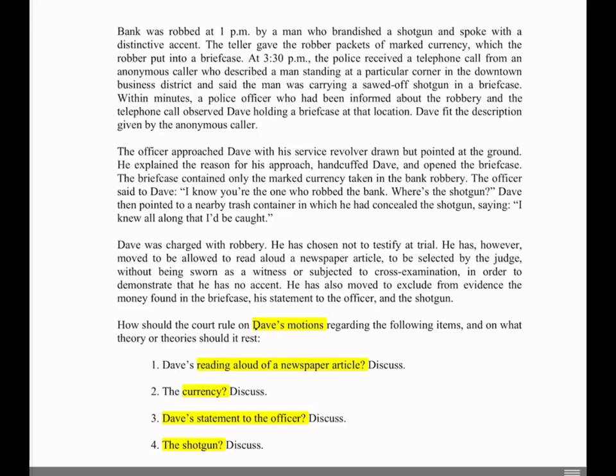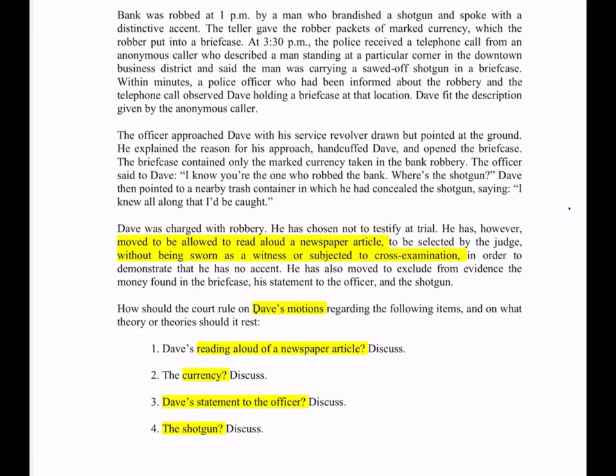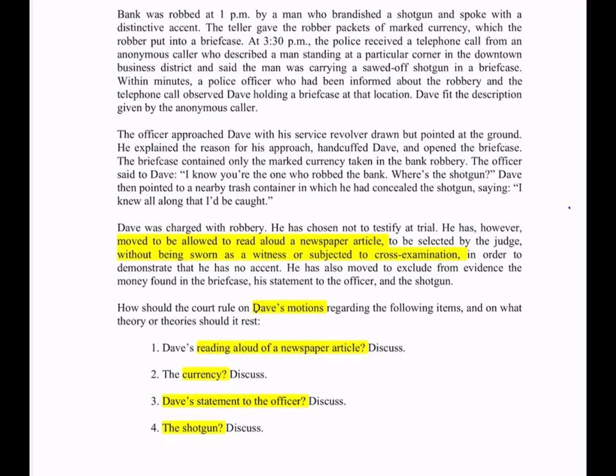And I know the witness rules. The witness has to be competent, has to take an oath to testify truthfully, and has to be available to be cross-examined. Now, could I make some kind of an argument that this is non-testimonial? Well, you could try that, but it really won't work, because in essence what he's trying to do is, by reading this, to testify that he does not have an accent.